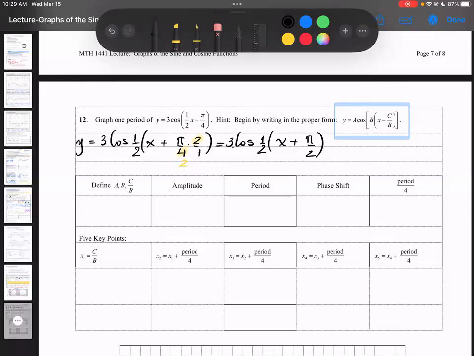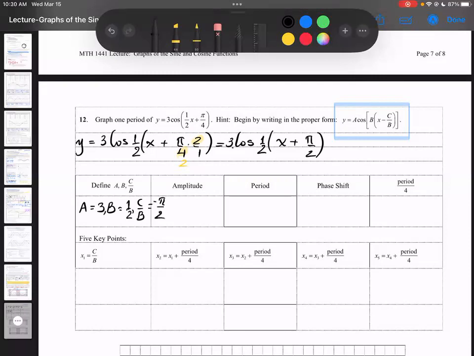If you look at that form, you know that A is 3, B is 1/2, and C divided by B is negative pi over 2.